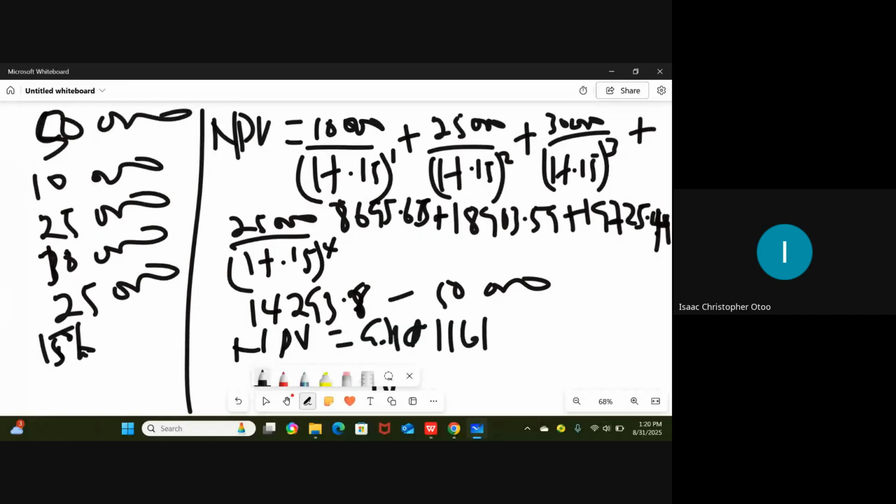Is that positive? Yes, it says positive. And the good thing is that everybody will get different figures. So now you got positive, then you have to increase your 15%. Increase it so that you can get negative.